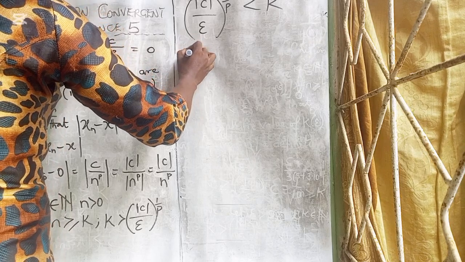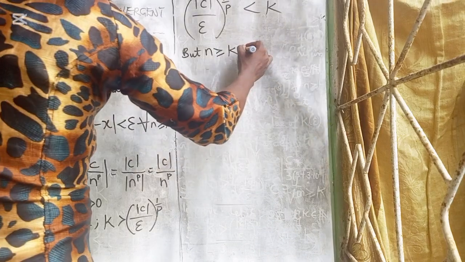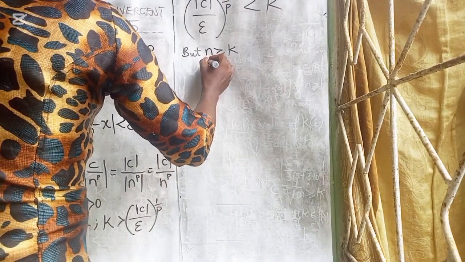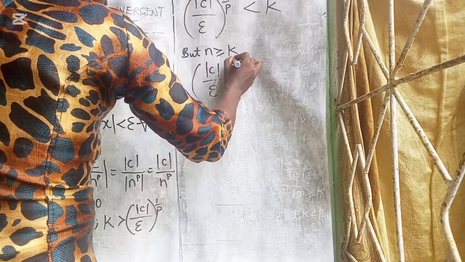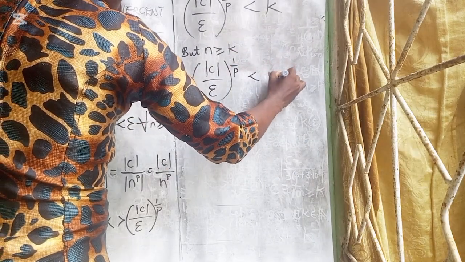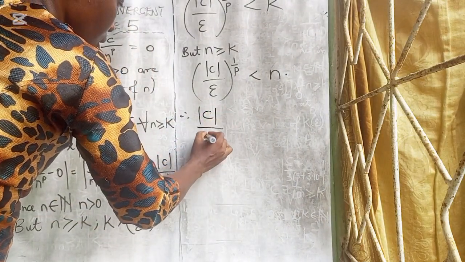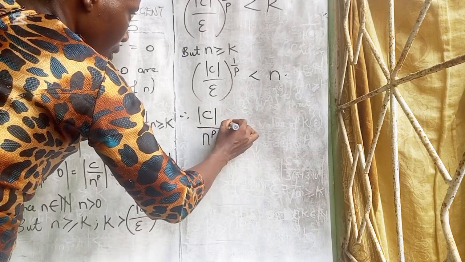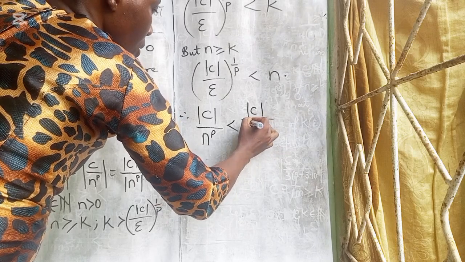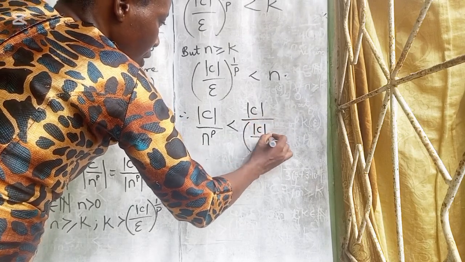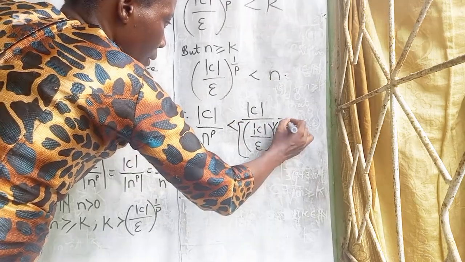But n is greater than or equal to k. So 1 over c over epsilon all raised by 1 over p will also be less than n. Therefore, the absolute value of c over n raised by p will be less than the absolute value of c over the absolute value of c over epsilon all raised by 1 over p all raised to power p.